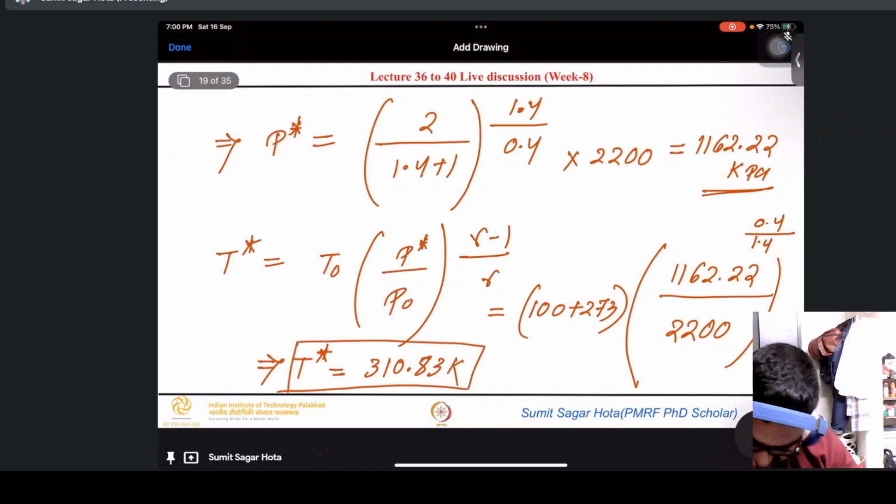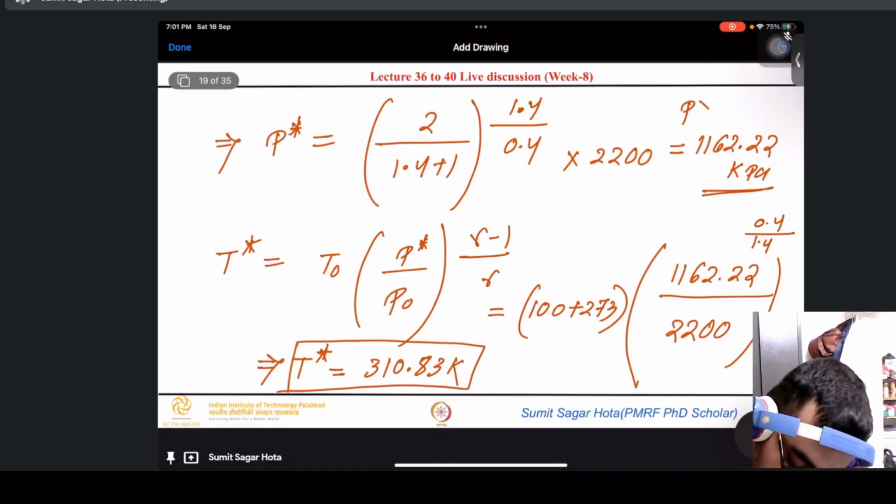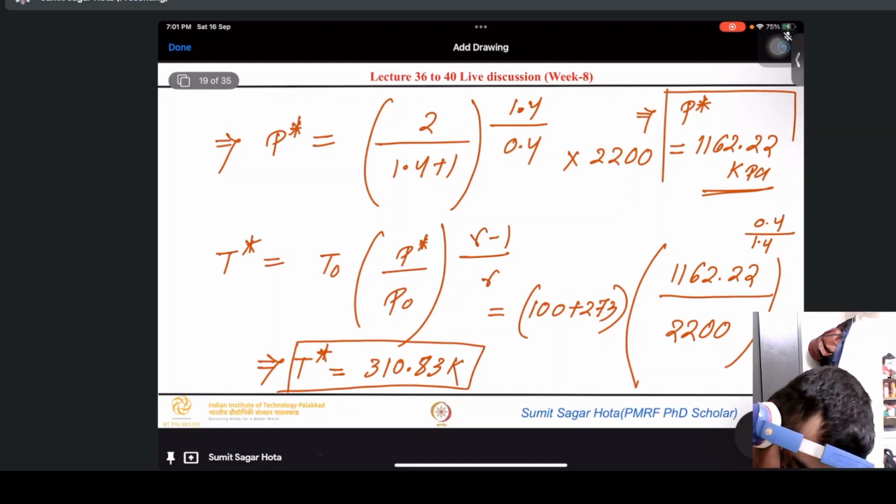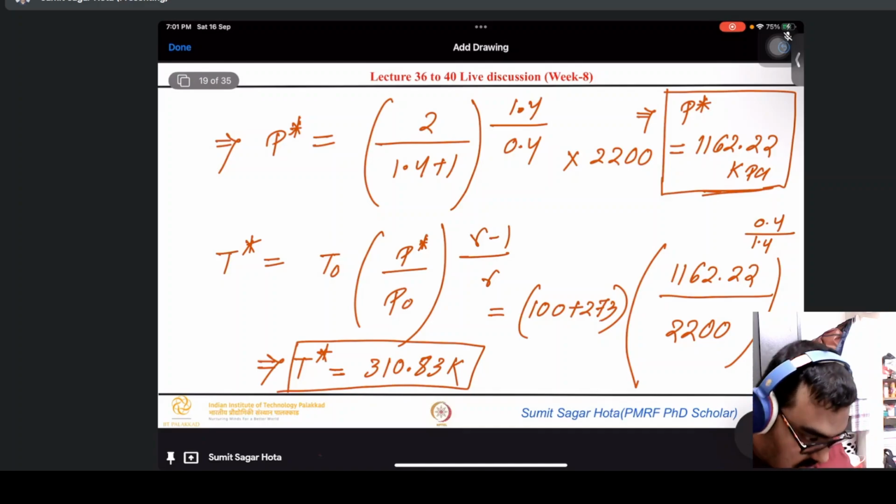Okay, this is your P star. Got T star and P star.